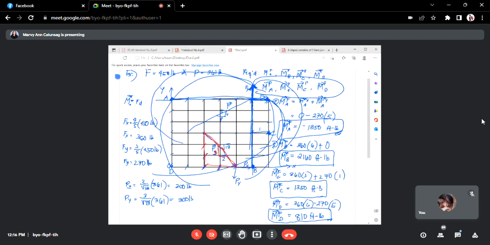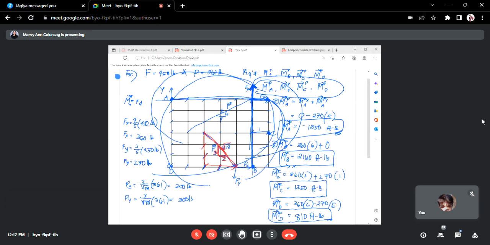O nya kani, 1, 2. So, 2 na diha. So, by Pythagorean theorem, pila may hypotenuse nato? 3 squared plus 2 squared, that is 9 plus 4. So, 13, no? Therefore, ang hypotenuse is square root of 13. Mao na ang pagkuha sa slope.